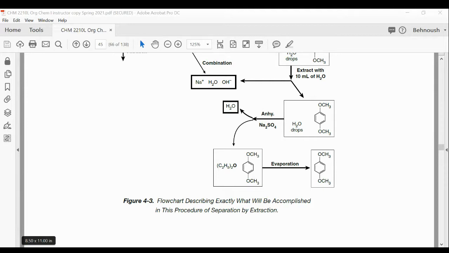Yes, you want to add not the minimum, but a proper amount of solvent for each of the consecutive extractions in order to have maximum recovery of the acid, or the benzoic acid in this case.